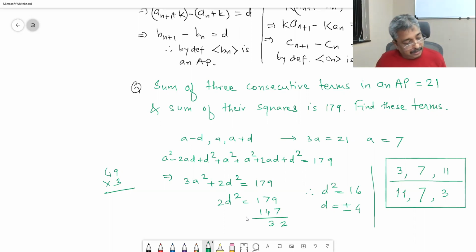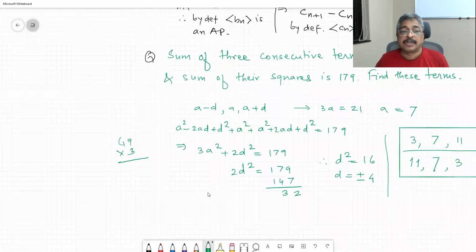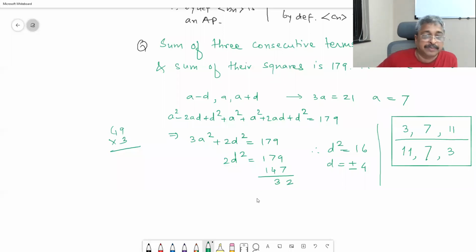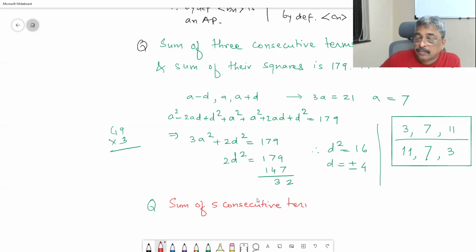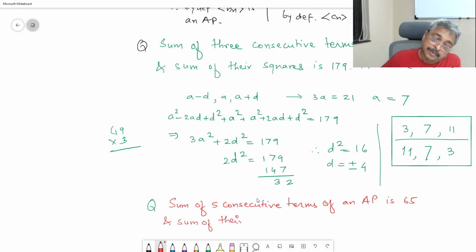We have 20 minutes. Let me give you a bigger problem. Sum of the 5 consecutive terms of an AP is 65 and sum of their squares is 935.